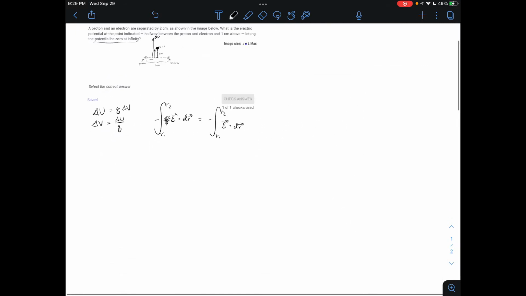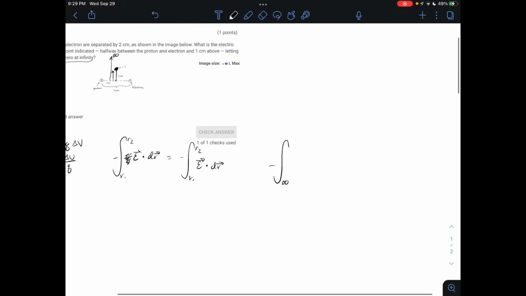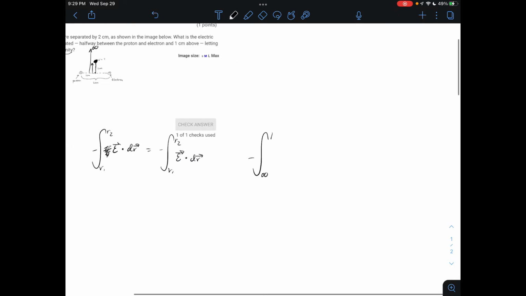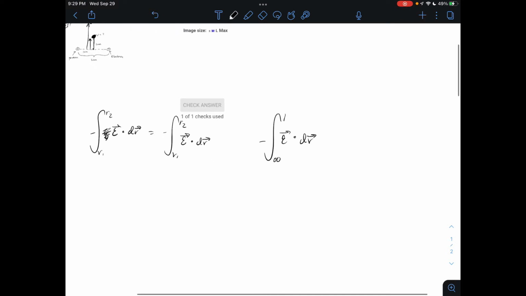So we can plug that in. We're going to get our integral from infinity to 1 of our electric field times dr vector, right?